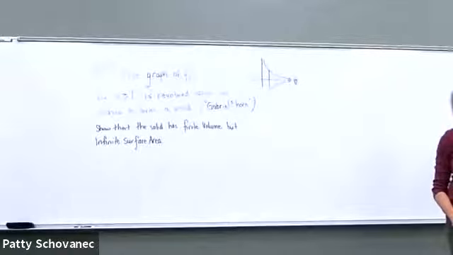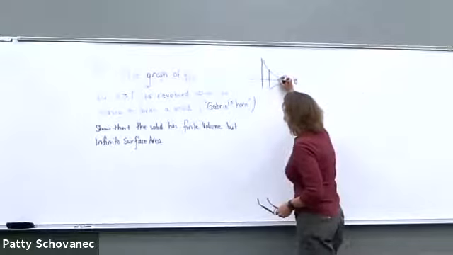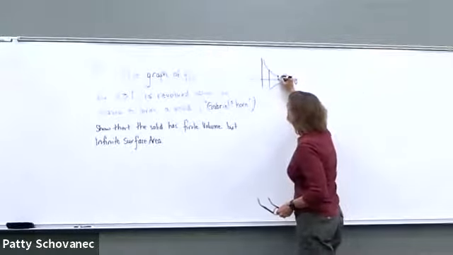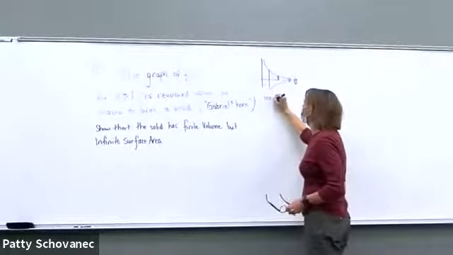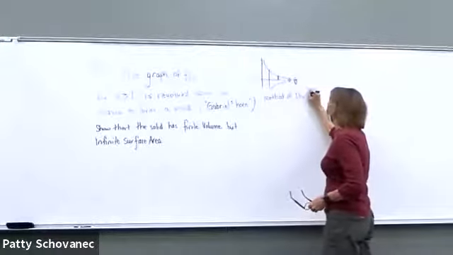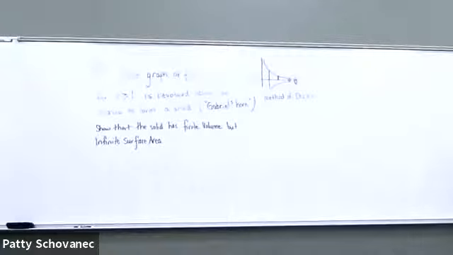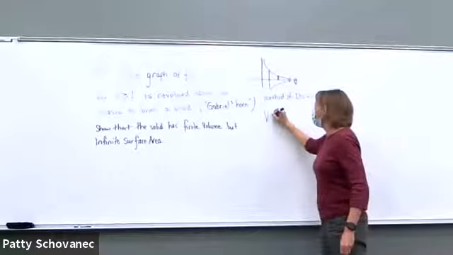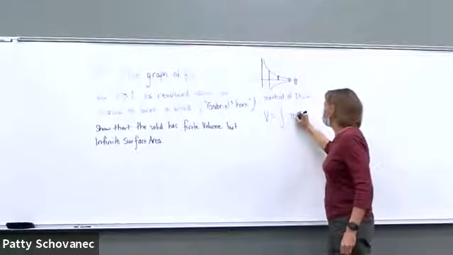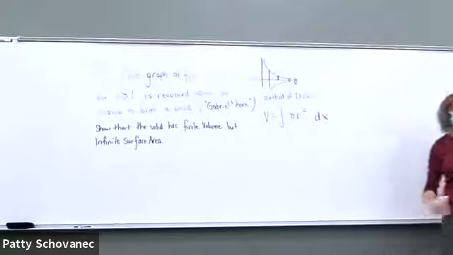I can use the method of disks, right? Here's a partitioning element. When I revolve that, it makes a disk. The formula for the volume using the method of disks is the integral of pi r squared dx, since my rectangle is that way.